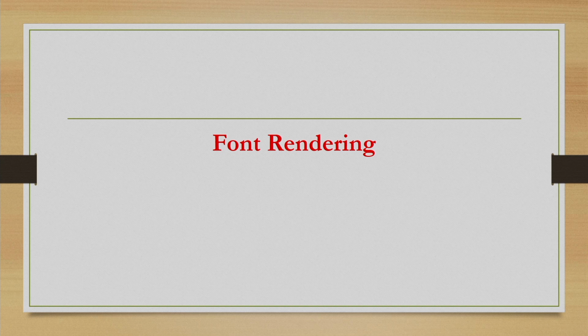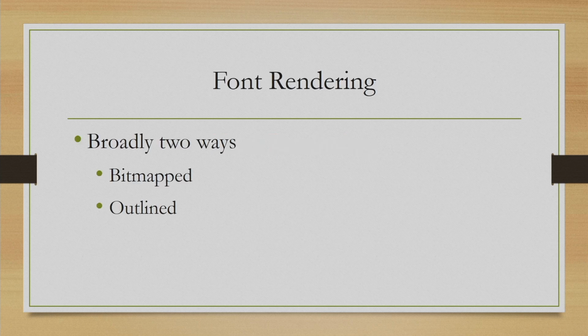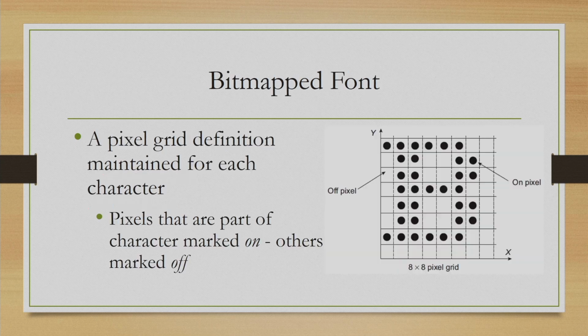Now, with that basic knowledge, let us try to understand how characters are rendered. There are broadly two ways of rendering characters, one is bitmapped, one is outlined. In case of bitmapped font, we define a pixel grid for each character.